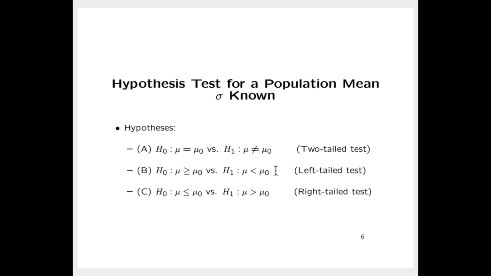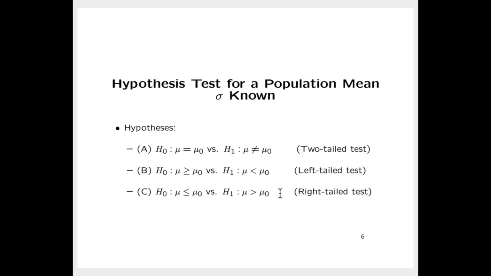Notice that the direction of the inequality, at least in hypotheses that we're labeling B and C, is the same as the direction of the test. So in hypothesis test B, the inequality in the alternative is pointing to the left, less than, so that's a left-tailed test.